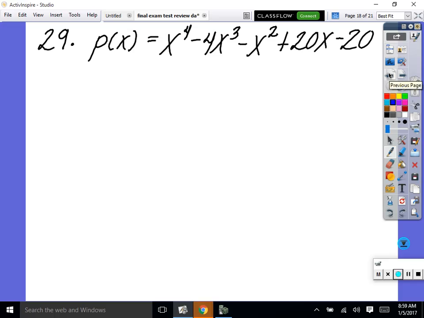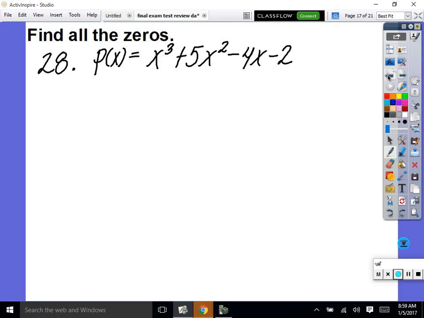Yeah. So it says find all the zeros. That means solve it completely. So there are 4 terms. We could try factoring by grouping, but do you see how it doesn't work? So then we have to resort to P over Q, find possible rational roots. And then we would get, so this is number 28.